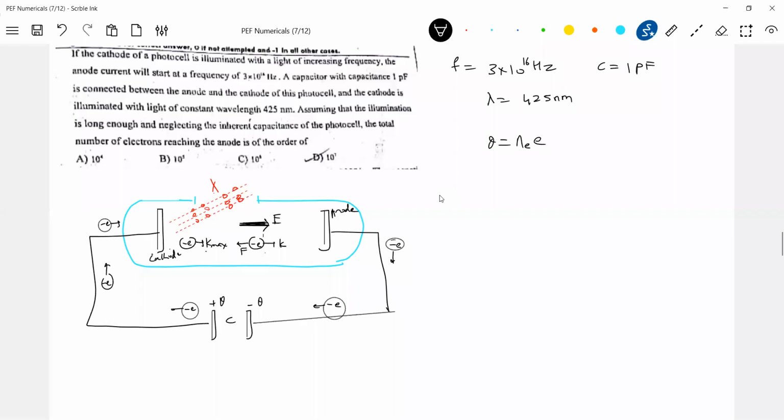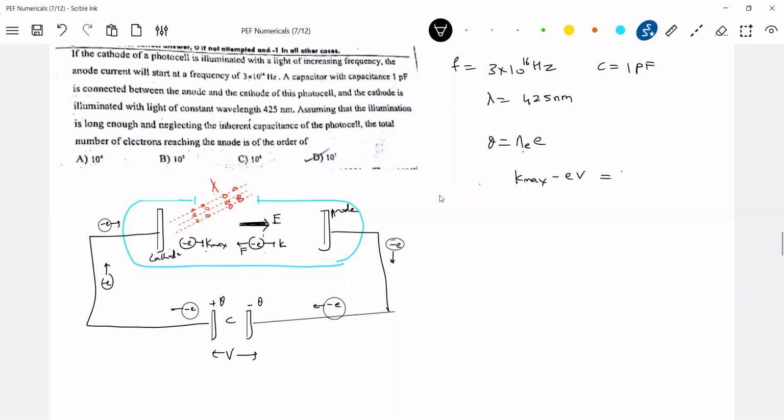How to bring this Ne is what is being asked. Work done by the electrostatic force, zero, should be equal to eV naught, or let's select this potential difference, I'll write it here, V. So this K max, initial kinetic energy, K max, the electrostatic force does negative work.